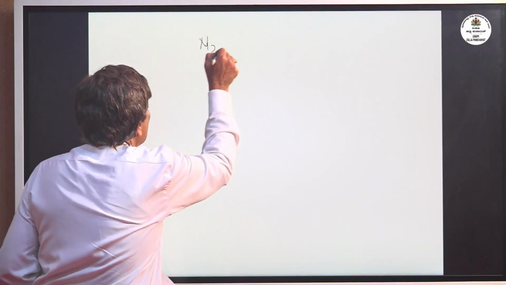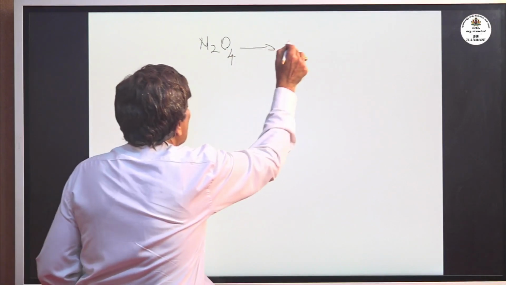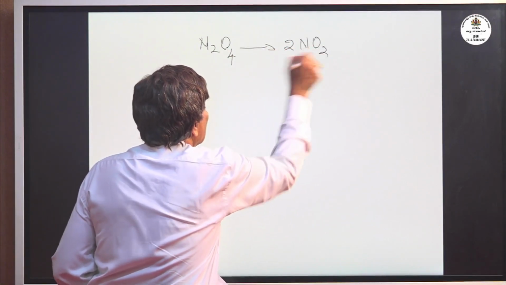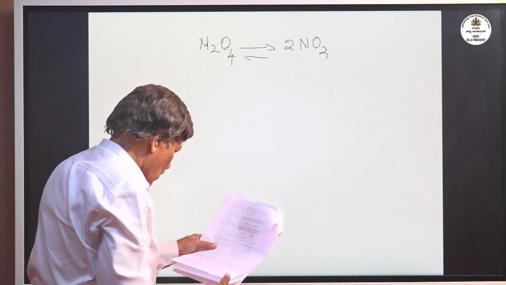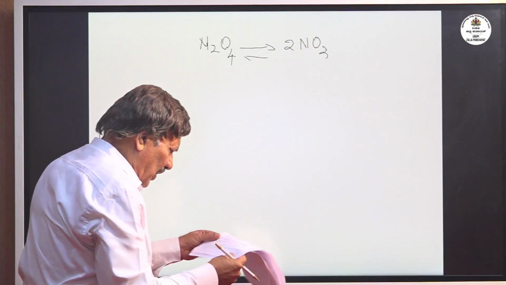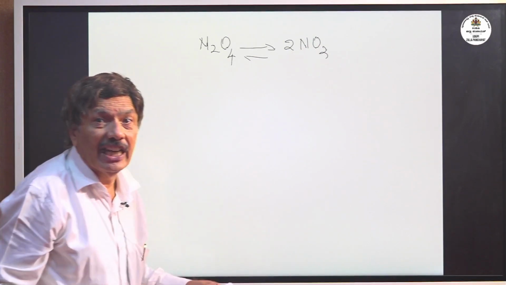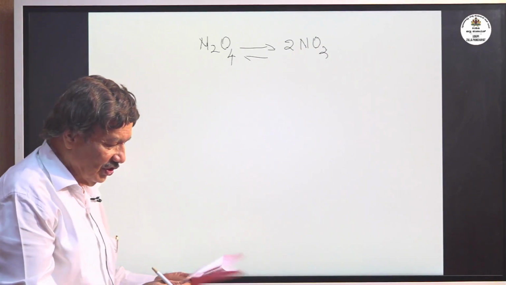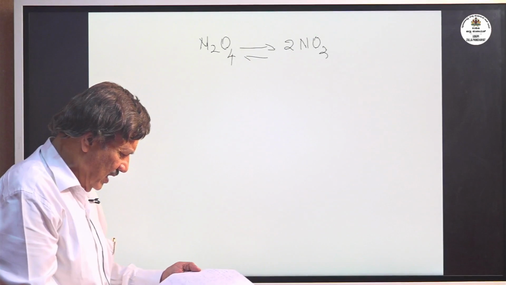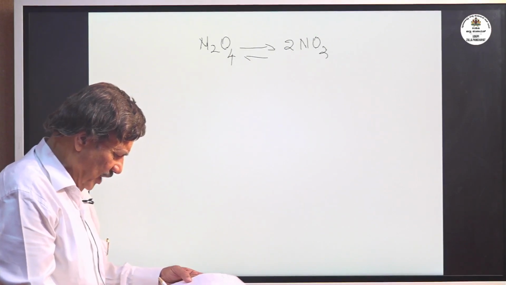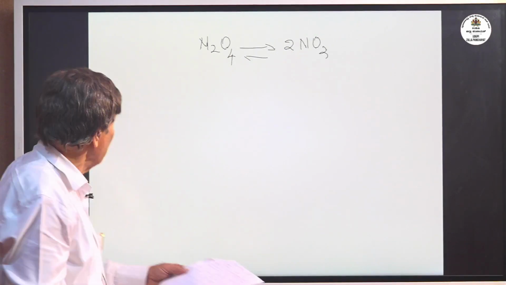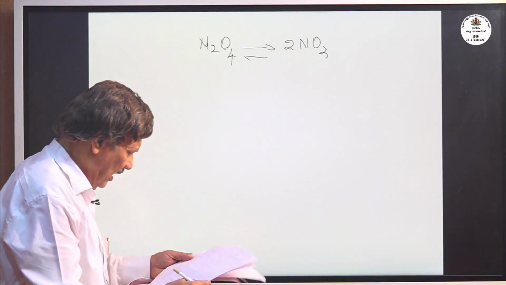What are they given? Degree of dissociation at equilibrium is 0.2 at 1 atmospheric pressure. How will you solve it?